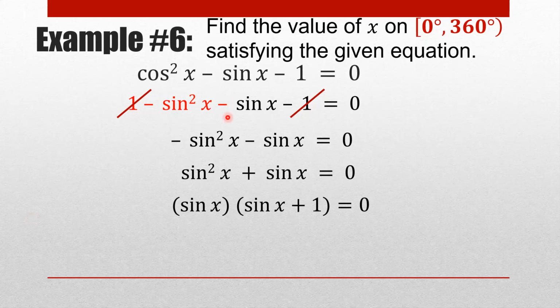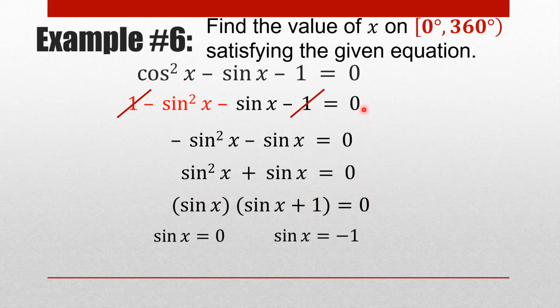So this product is 0 if this is 0 or this is 0, right? Like in a quadratic equation, if you're solving for the zeros, we equate it to 0, okay? So sine x is 0 or sine x plus 1 equals 0. Sine x is negative 1 in that case.